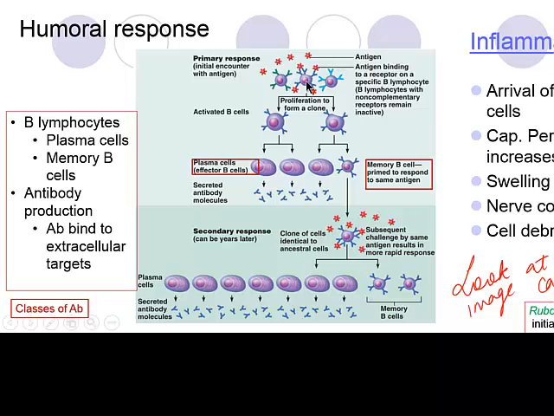Only those lymphocytes which have receptors for that antigen will bind to it, okay, and they get activated. When they get activated, they begin to multiply, because when an antigen enters your body, it's not just one bacteria or one virus which comes into your body, right? It's a bunch of them. So similarly, you need to have many cells which can deal with that.